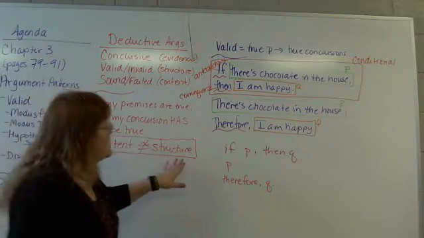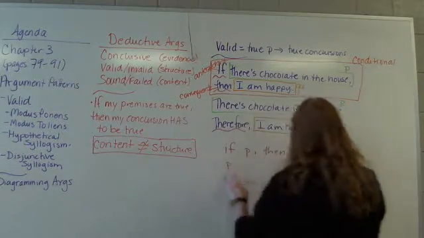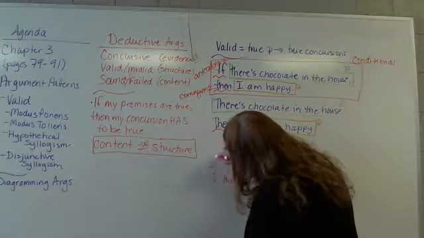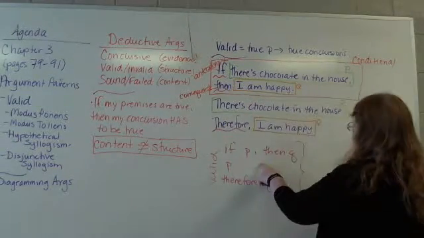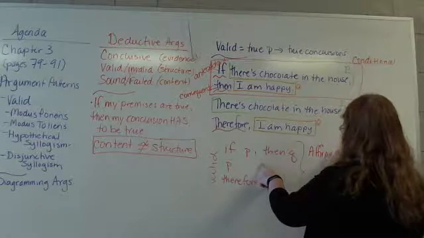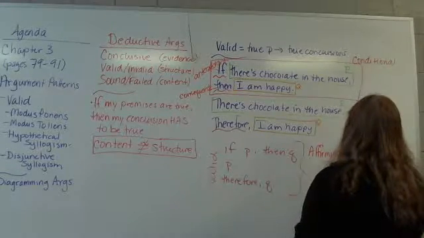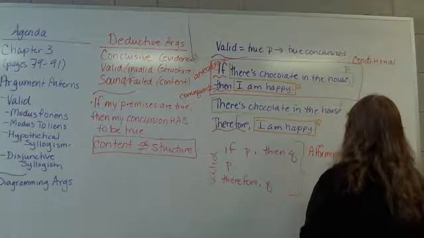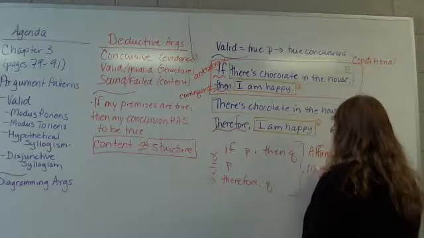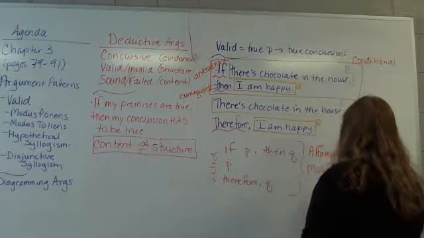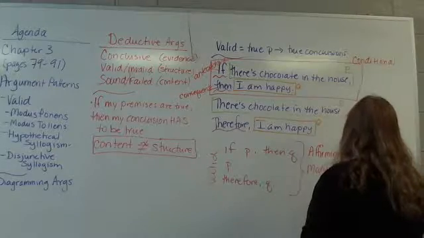In this case, in this lovely little structure, which is valid all the time, this is called affirming, basically saying yes to, affirming the antecedent. It's also called modus ponens, which I just abbreviated MP.